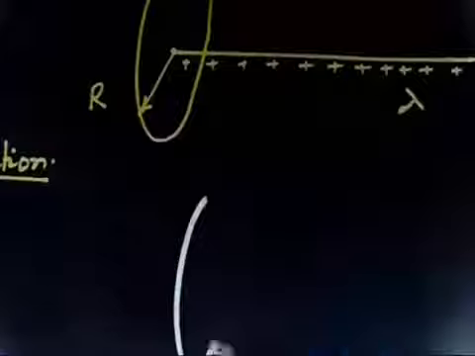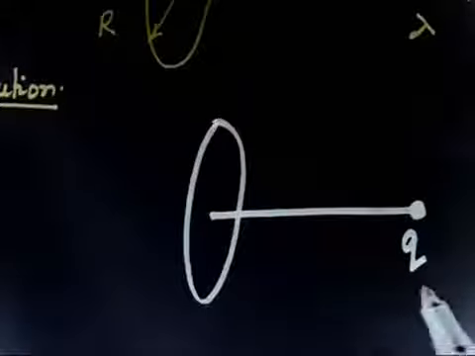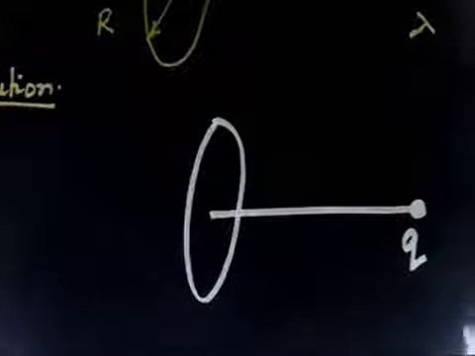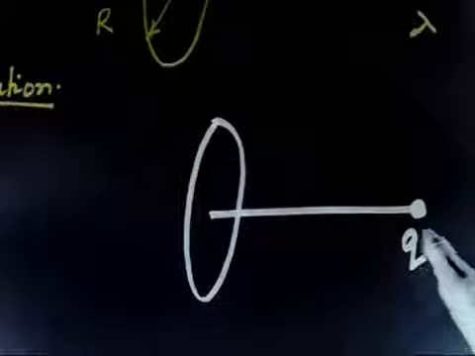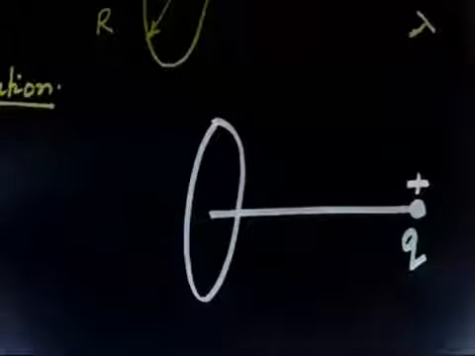So if we have a circular area, and now let us say on the axis there is a charge q that is kept. What is the total flux that passes through this circular area due to this charge? How will you calculate?